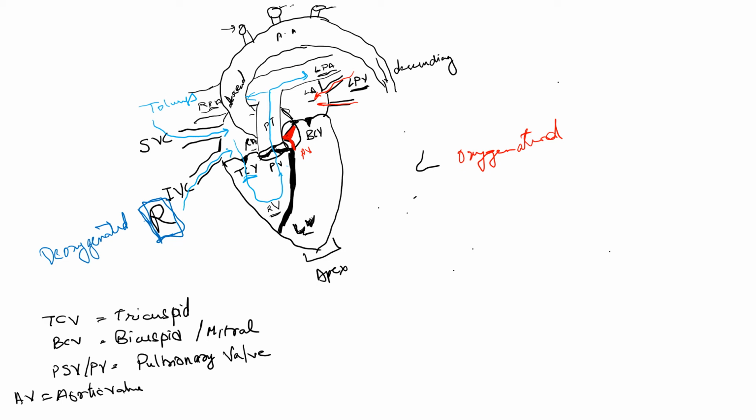Again, when the atria contracts, the bicuspid or the mitral valve opens up and blood fills up the left ventricle. When the ventricle contracts, the aortic valve opens up and blood enters the aorta. Aorta is the major artery, and oxygenated blood is carried to different parts of the body through aorta.